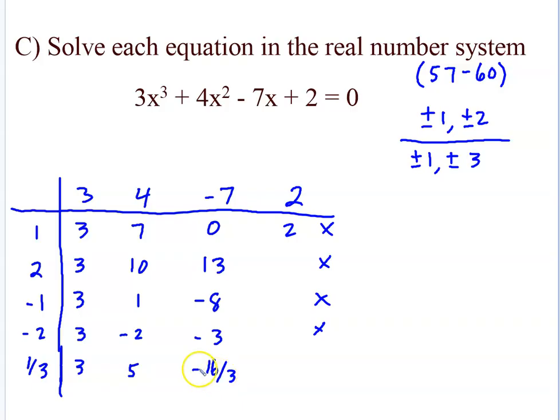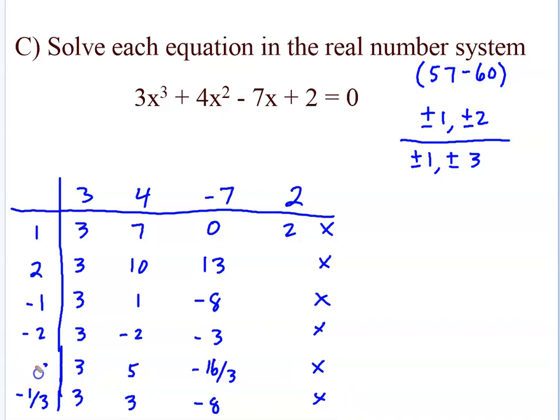And this would be negative 16/3. Not going to give me 0, so let's try negative 1/3. Okay, so negative 1 plus 4 is 3. This would be negative 1 plus negative 7 is negative 8. And this would be 8/3 plus 6/3, which does not give me 0.